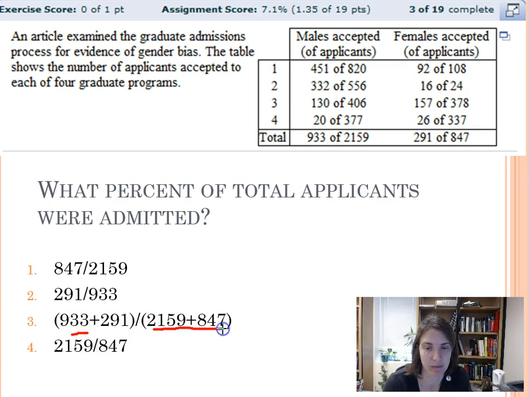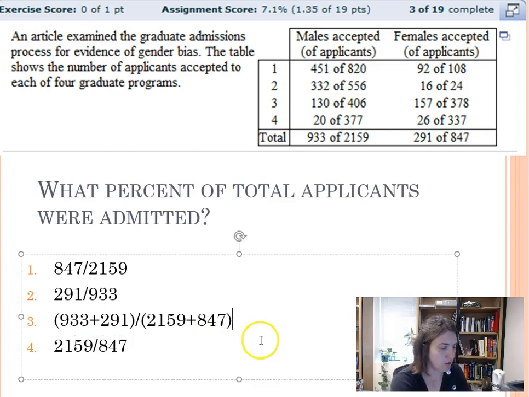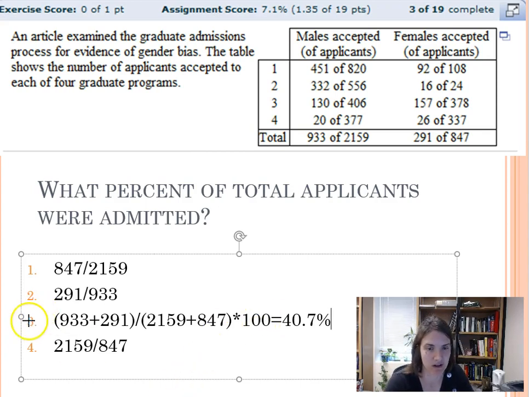This is the total number of applicants, this is the total number of people accepted, and so that's going to give us the percent of people accepted into the graduate school. When we multiply this by 100, it gives us the acceptance rate, which was 40.7%, and that is our correct answer, answer 3.